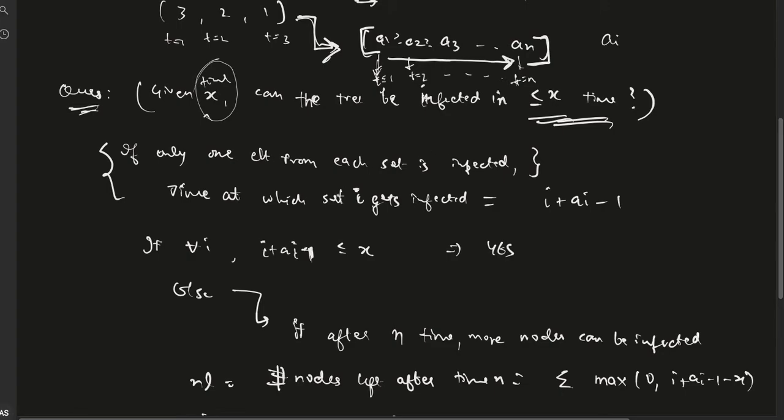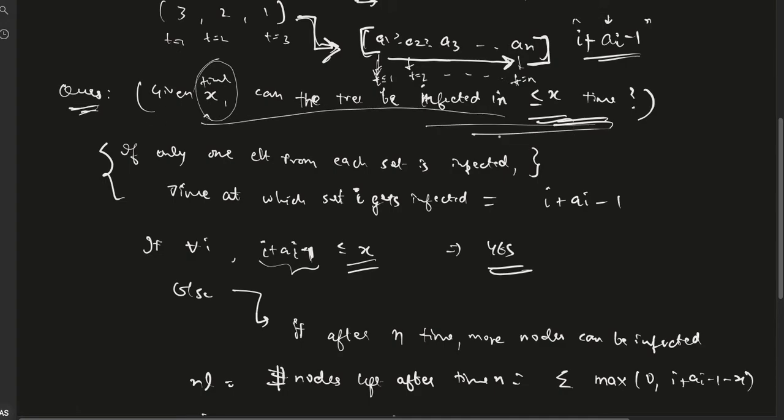So we see that for the ith set, the last node would be infected at time i + ai - 1. If for all i this time is less than or equal to x, then obviously, given x, the tree can be infected in less than or equal to x time.